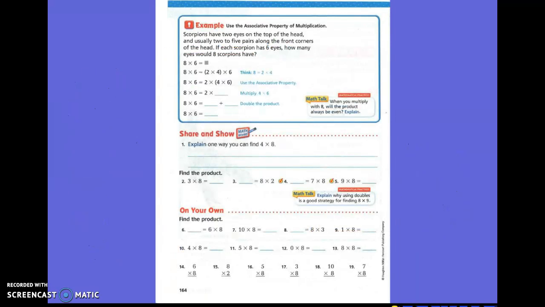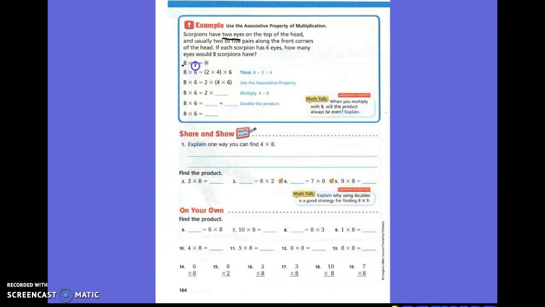Another example is doing the associative property, so grouping 8 times 6. Let's first read the problem. Scorpions have 2 eyes on the top of the head and usually 2 to 5 pairs along the front corners of the head. If each scorpion has 6 eyes, how many eyes would 8 scorpions have?